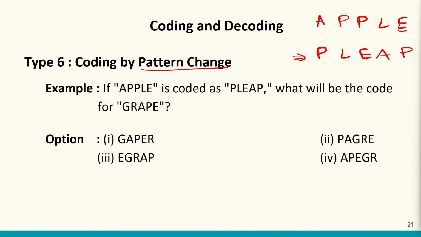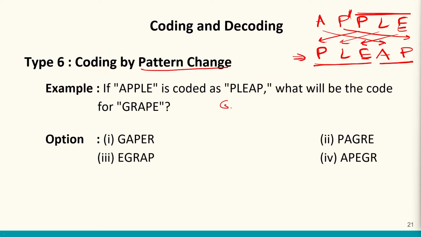So over here, if I try to find the pattern, I can see that P is coming over here. It could be this P also. L is coming over here. E is coming over here. Then this P maybe is going back, and this A is going back. So the first three letters I can see are written first, and then the two letters are written over here. So maybe the logic is that the last three letters will be written first and the first two letters will be written last.